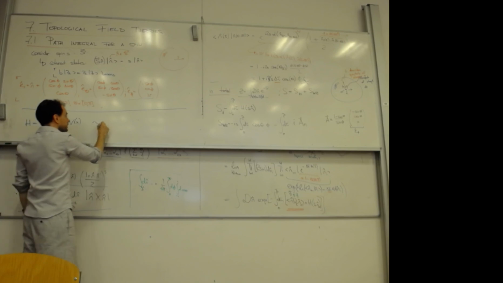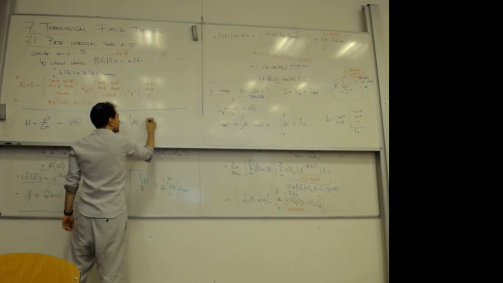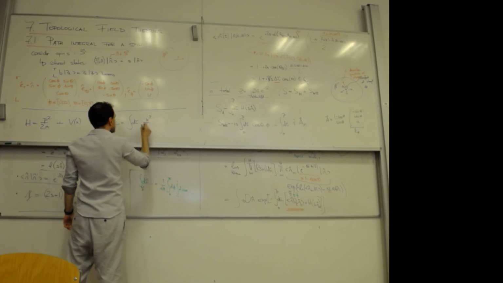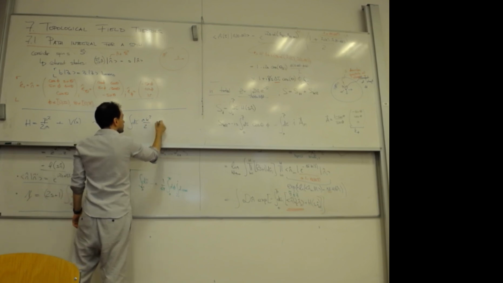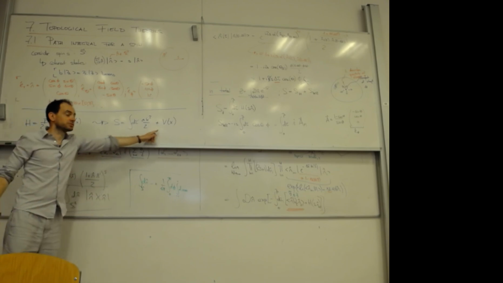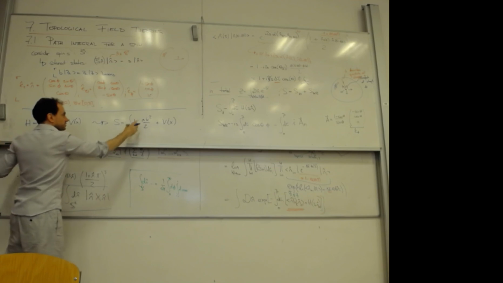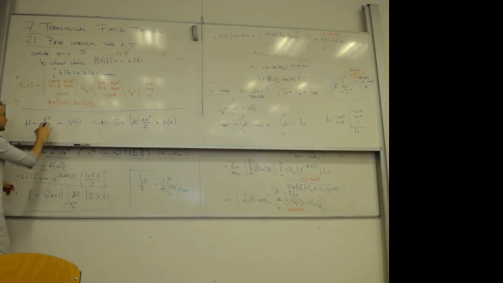Right, so this here gets you an action of the form m x dot squared over 2 minus V of x. Right? This is just a classical Lagrangian corresponding to this Hamiltonian. What happened is that this p became something like the x dot by means of the Legendre transform.